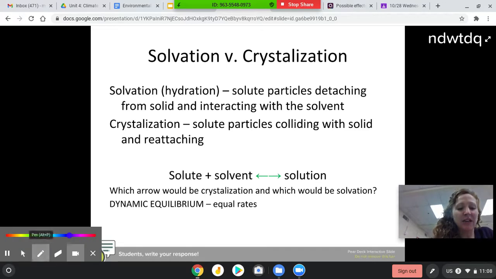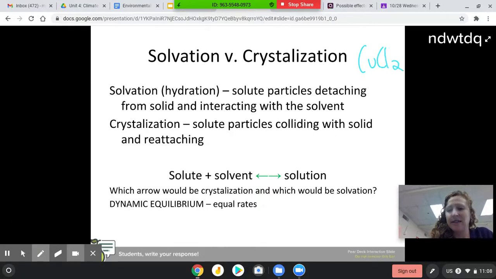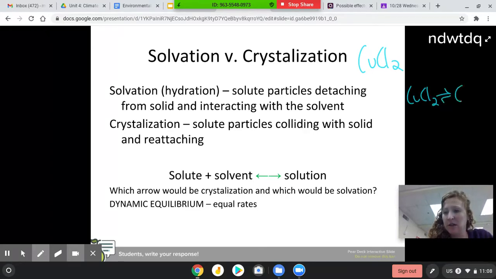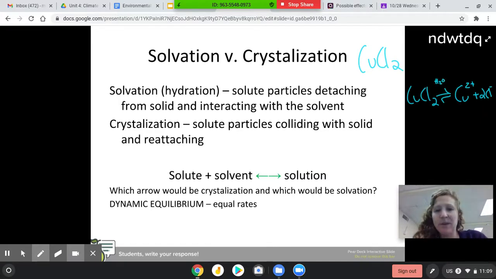So if you are looking at this in terms of copper 2 chloride, if we were to write the solvation or hydration reaction for copper 2 chloride, it would look like this. And then maybe water gets put over the arrows, possibly, something to that effect.